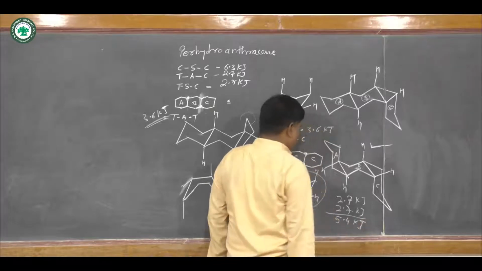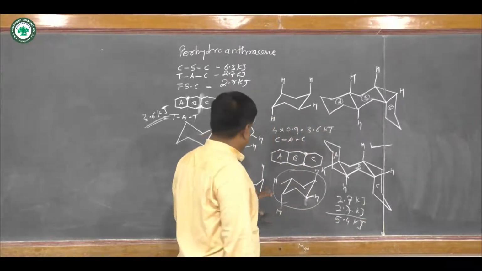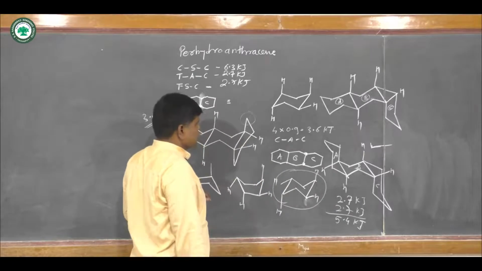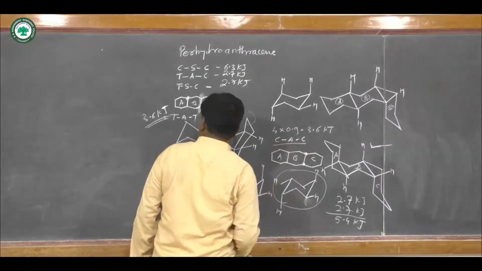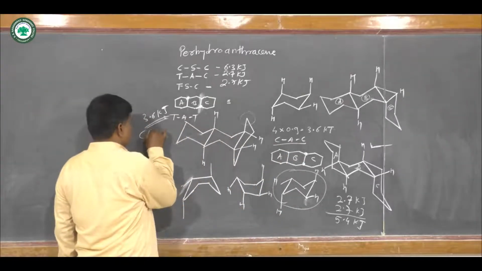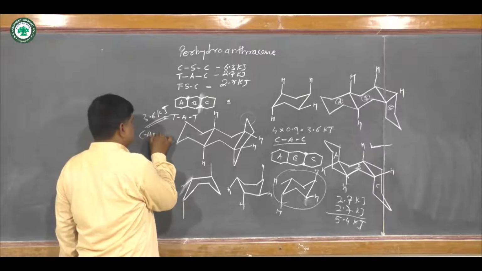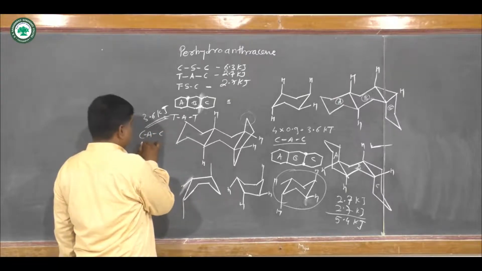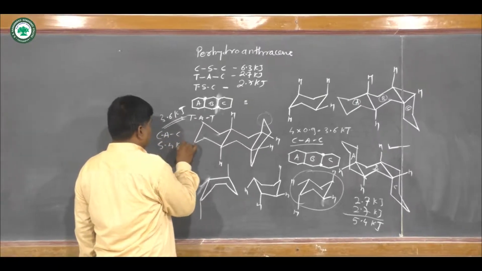So in case of cis anti-cis we get 5.4 kilojoules.